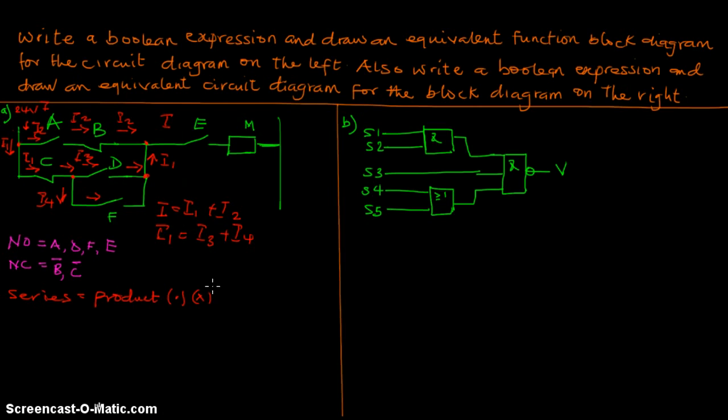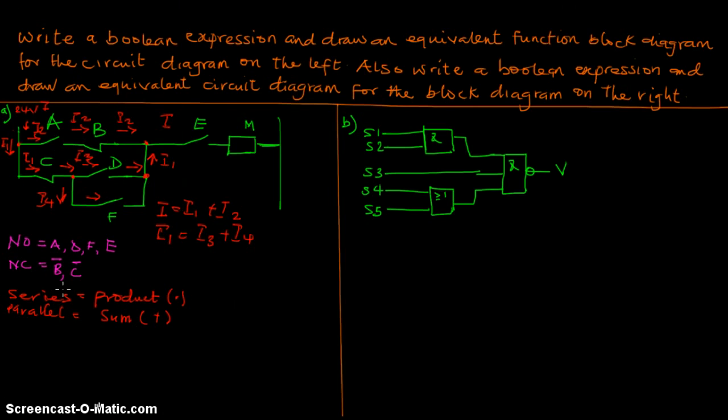While parallel connections are represented with a sum sign or addition sign. But for the sake of this example, we're going to be using a dot sign. You could use a multiplication sign too, but I would prefer to use that dot sign.